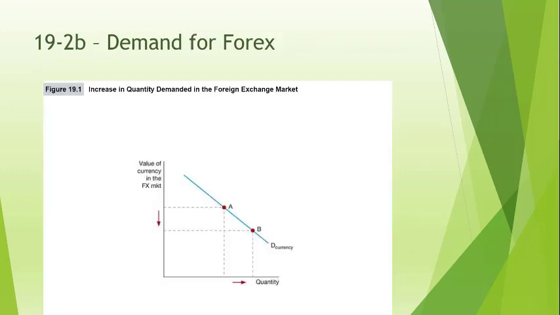So here we can see that in terms of a diagram. You can see that as the value of the US dollar falls in the foreign exchange market, the quantity purchased of dollars increases.